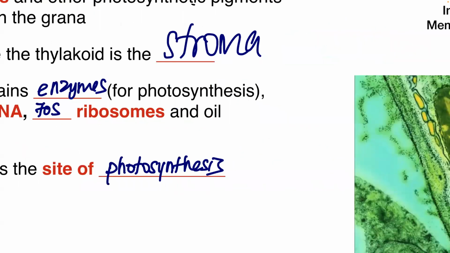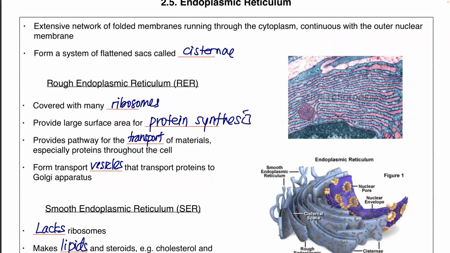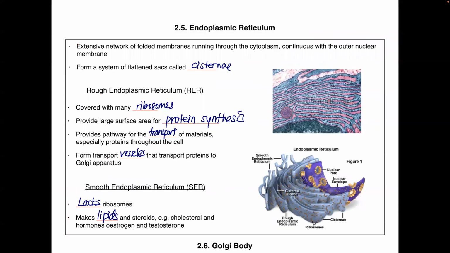So chloroplast is the site of photosynthesis, as you already know. Next is the ER, the endoplasmic reticulum.